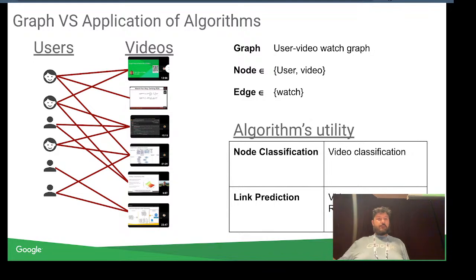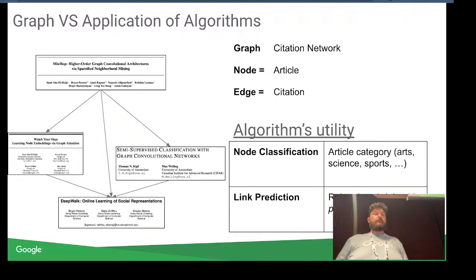Maybe we have some embeddings for the videos as well. We can use that structure to help improve a video classifier. So maybe we can tell both from the video features, but also from the audience that's watching the video, what the video might be about. And similarly, you could use link prediction on this graph to try and identify new videos that you want to recommend to users.